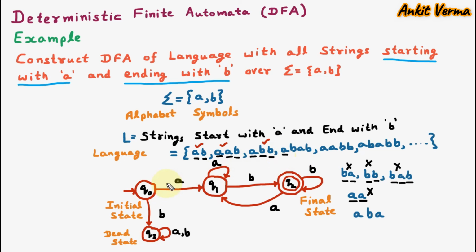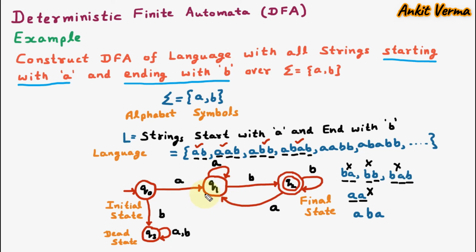For the first A, we start with the initial state Q0, then for A going to Q1, then for B from Q1 we are going to Q2, then for A from Q2 we are going to Q1, then for B from Q1 we are going to Q2, and this is the final state. So after completing the string, we are on the final state. That means this string is accepted by the DFA. So this is the right place for A.